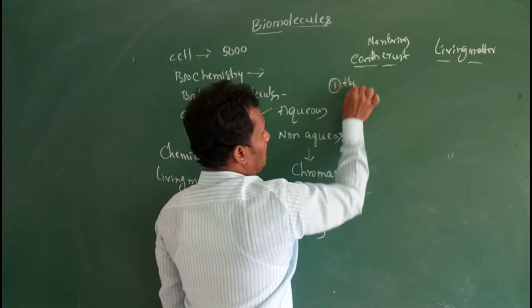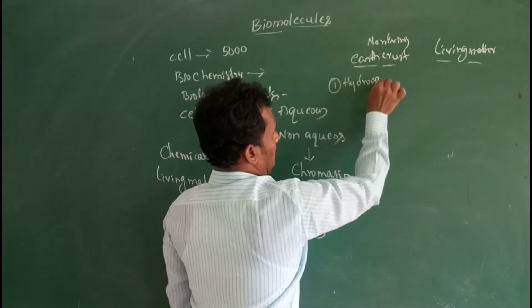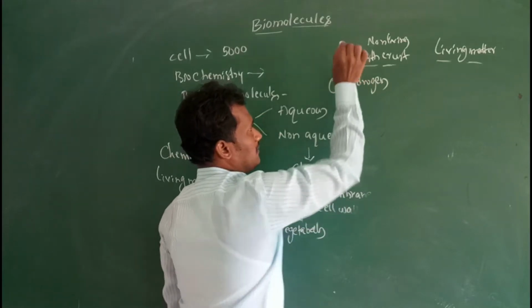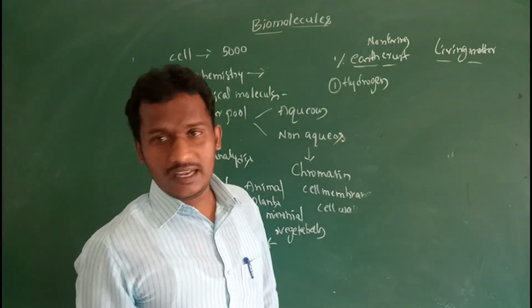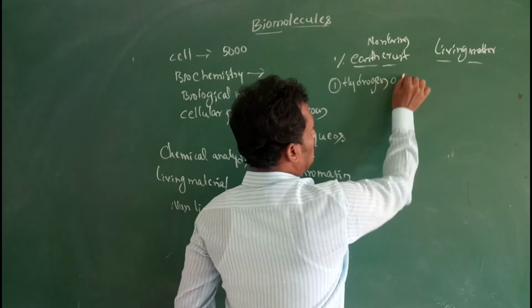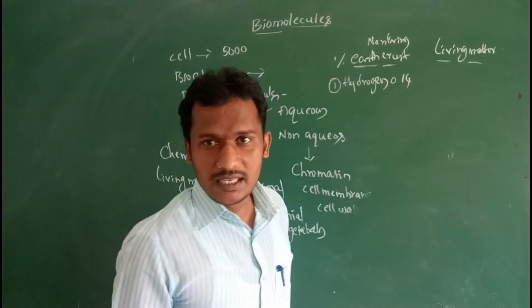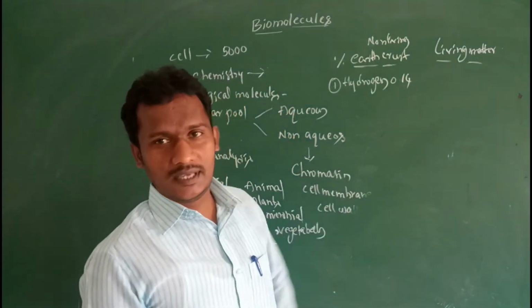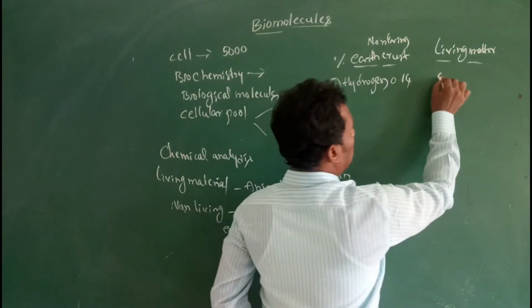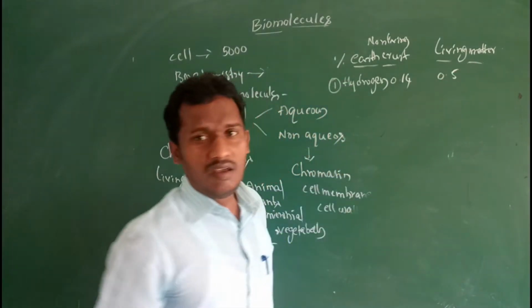First, hydrogen. Hydrogen in earth crust is approximately 0.1%, and in living matter approximately 0.5%.